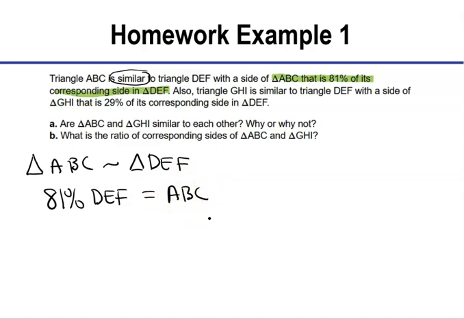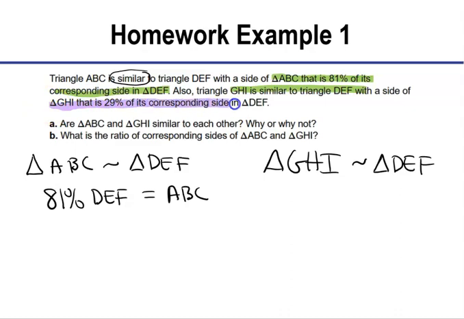Okay, let's keep reading. Also, triangle GHI, let me highlight that. GHI is similar to triangle DEF. Okay, now how do I write that? So triangle GHI is similar to triangle DEF. Okay. And then it says that triangle GHI that is 29% of its corresponding side in triangle DEF.